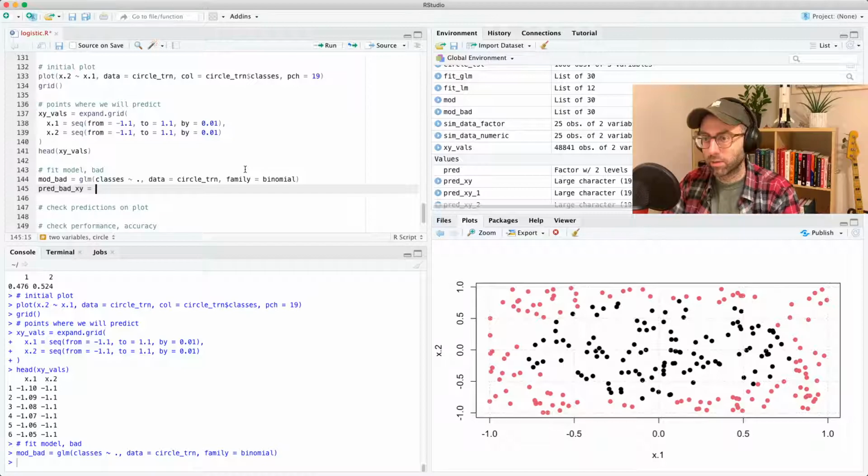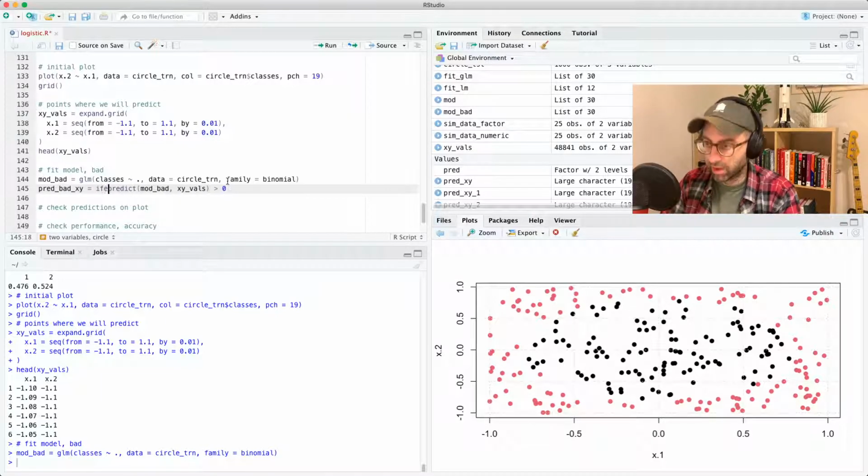So then I want to predict, we'll call it bad XY. So I'm making predictions with the bad model on these grid points, and if that's bigger than 0, I'm going to make it light pink.